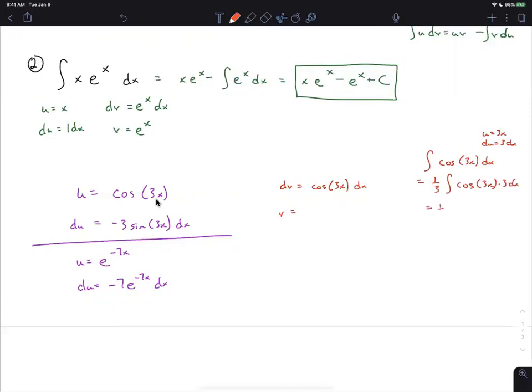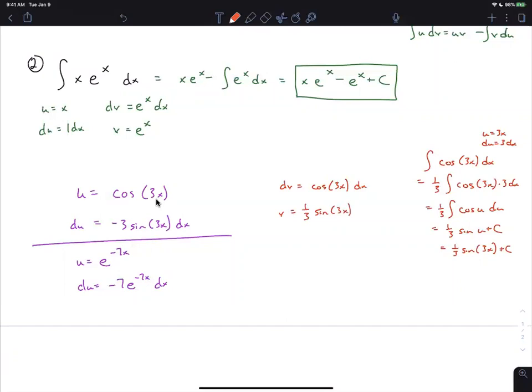So we get 1/3 integral cosine u du, which is 1/3 sine u plus c, and that's 1/3 sine of 3x plus c, which makes v 1/3 sine of 3x.